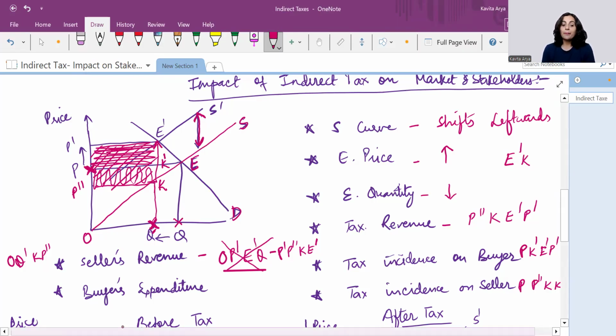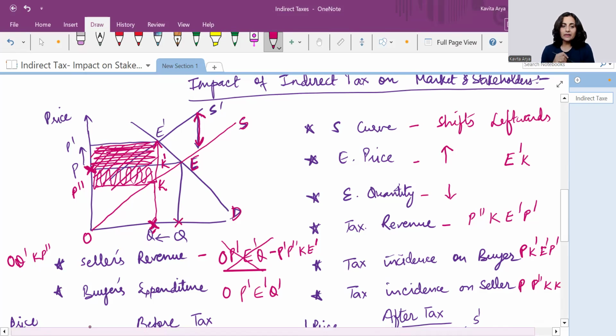So what is buyer's expenditure? Buyer earlier had to pay O, P, K dash, O, P, E and Q. But now after the taxes, he is paying extra. So buyer's expenditure is O, P dash, E dash and Q dash.